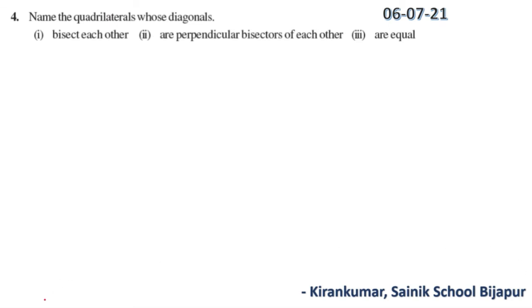Question number 4. Name the quadrilaterals whose diagonals bisect each other. Diagonals bisect each other in a parallelogram, in a rhombus, in a square, and in a rectangle.